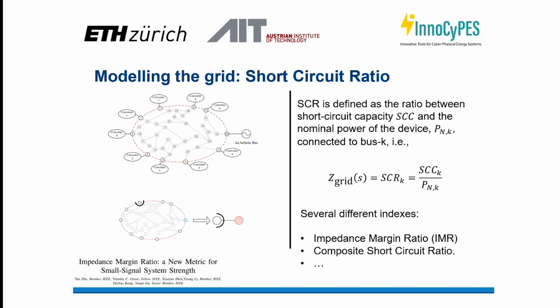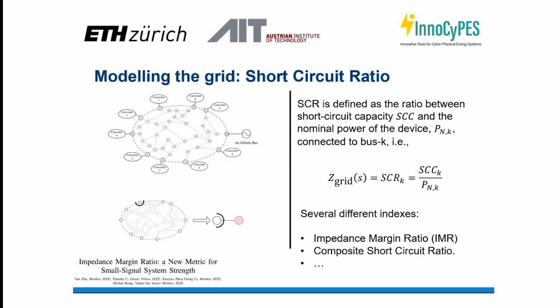Now, the short circuit ratio. There are a lot of indices that could replace the short circuit ratio. Nonetheless, the short circuit ratio is the most used currently. The short circuit ratio is defined as the ratio between the short circuit capacity, which was something that Hamon presented in the morning session, and the nominal power of the device.